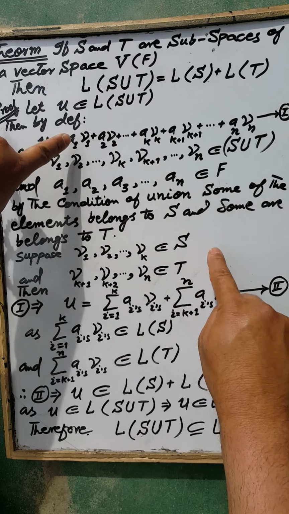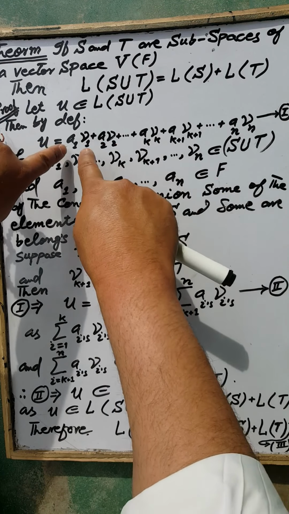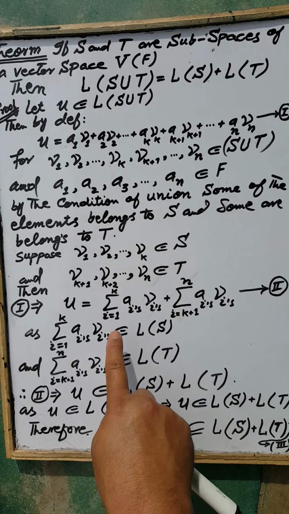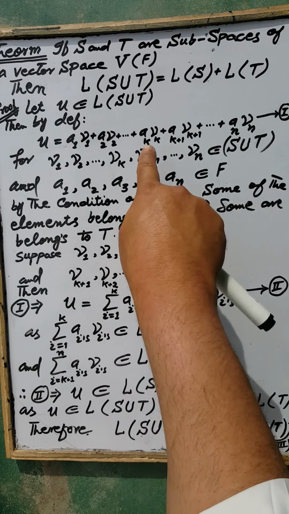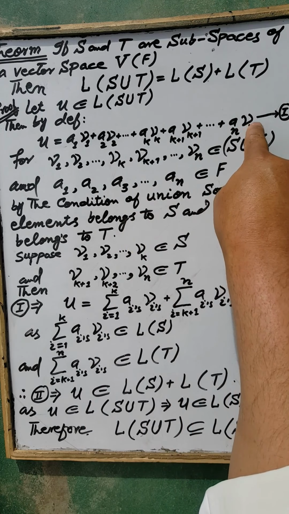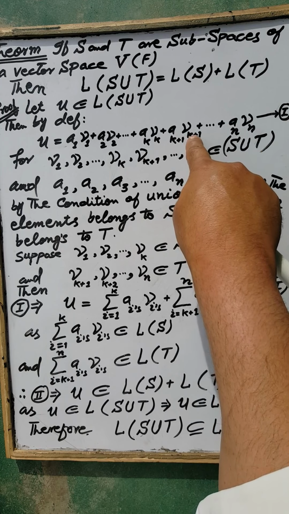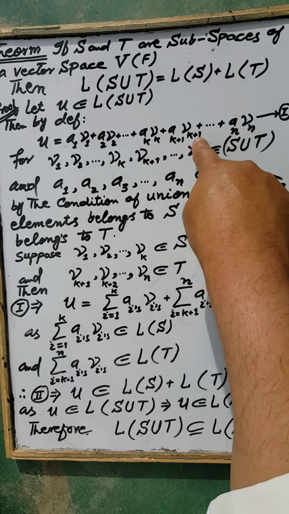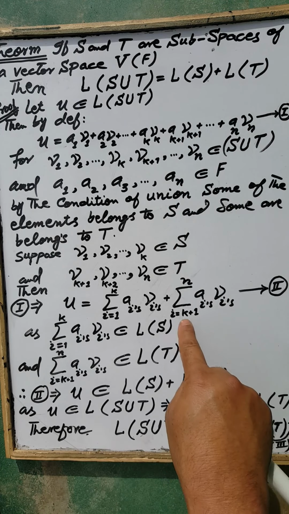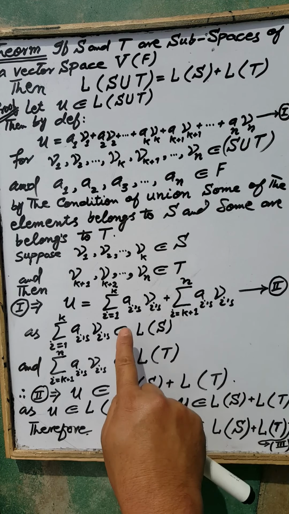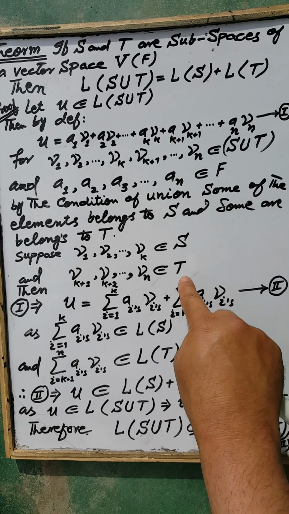These are the elements of the set S. Plus the summation of ai vi from i equals k plus 1 up to n, where vk plus 1 up to vn are the elements of the set T. These are the elements of the set S, and these are the elements of the set T.